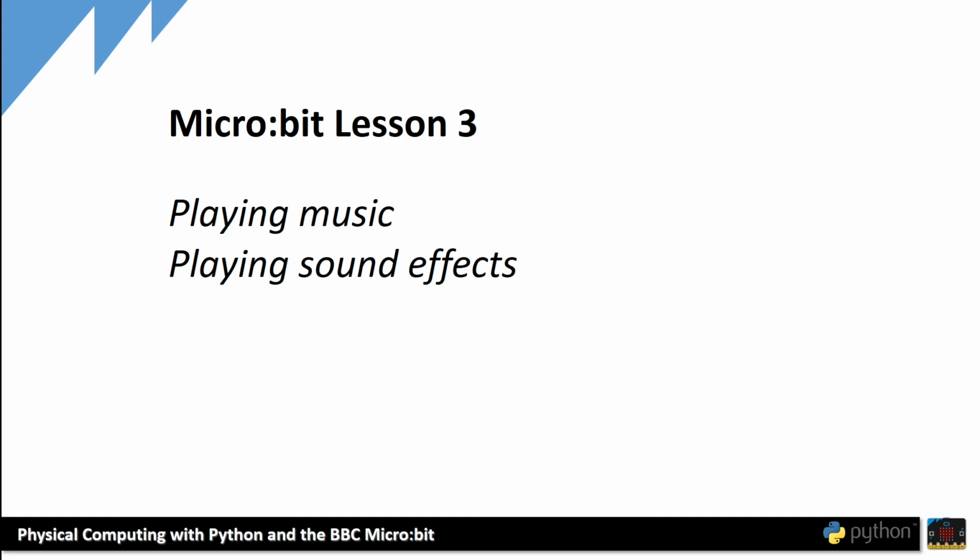We also saw that we can play sound effects. In terms of the sound effects demonstrated, we kept it very simple and just explored the sound effects that were prepackaged in the audio class. Hopefully you're excited about working with music and sounds as part of your microbit, and enjoy.